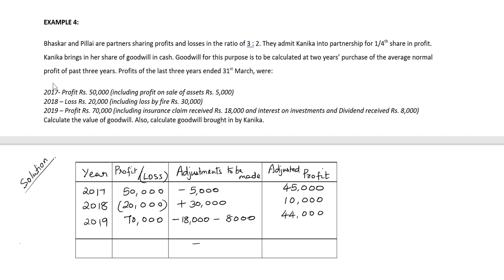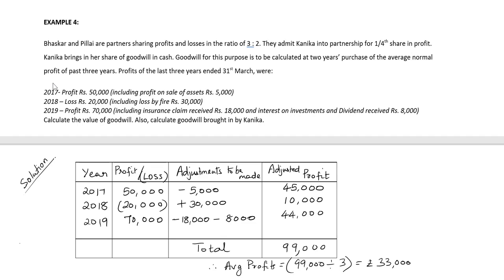Now we'll add up these profits total. $99,000. Therefore, average profits is equal to 99,000 divided by 3. We've taken 3 years, simple average, rupees 33,000.